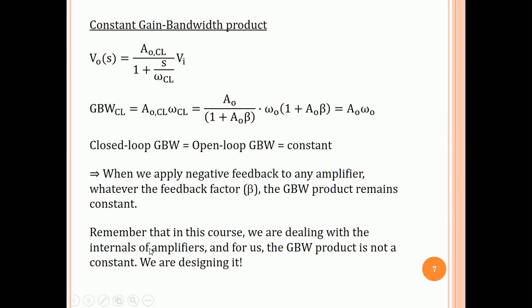Then, keeping the internal circuit of the op-amp the same, when we apply negative feedback, the gain bandwidth product does not change even when we change the feedback factor. Alright, it's a very important thing to remember.